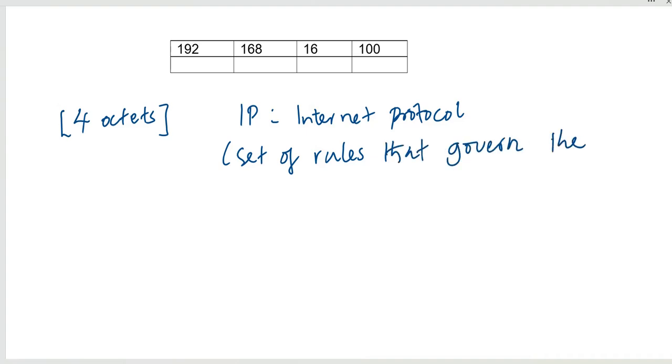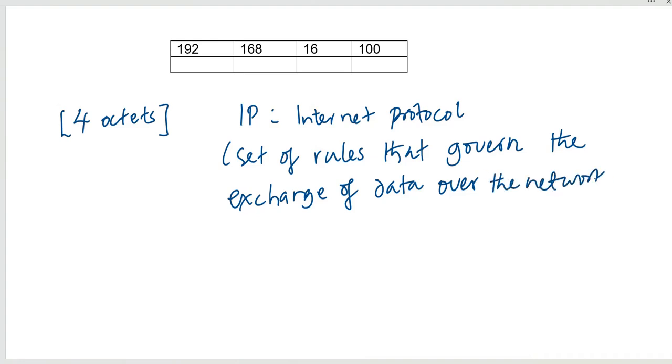Now, when they say IP address, it means the location of a certain data over the internet. So when they say an IP address of something, it means a certain gadget is being located using a certain location over the internet. Okay, because the internet is like the network of all networks.